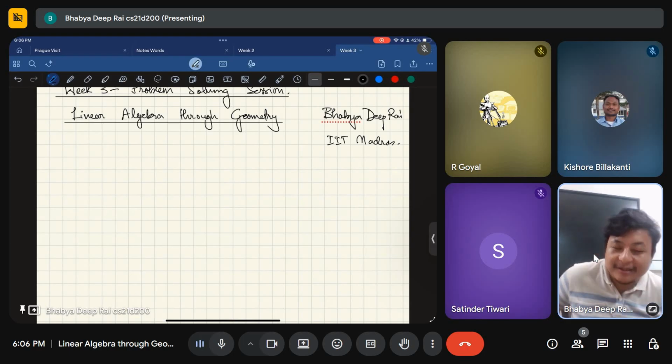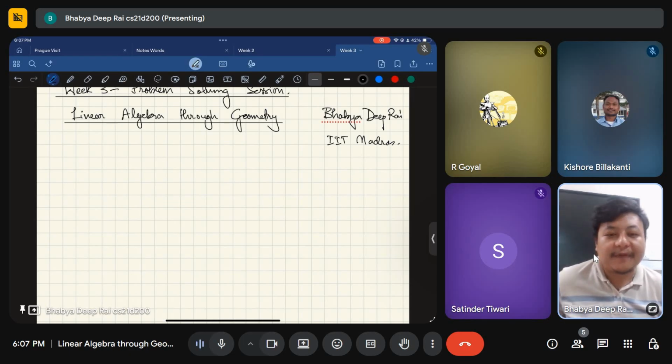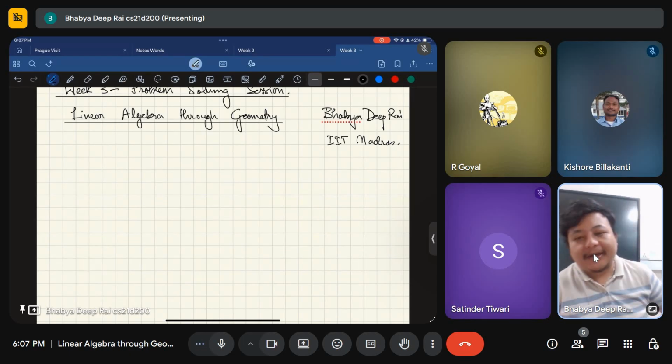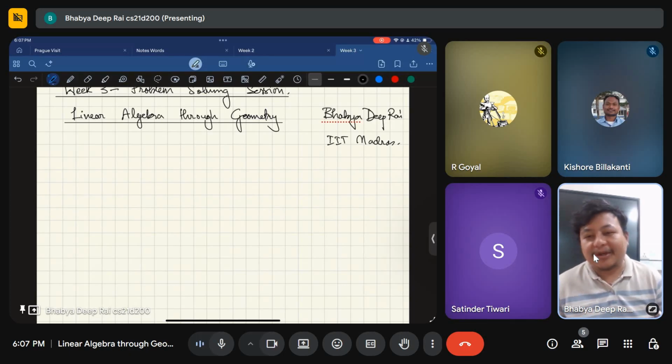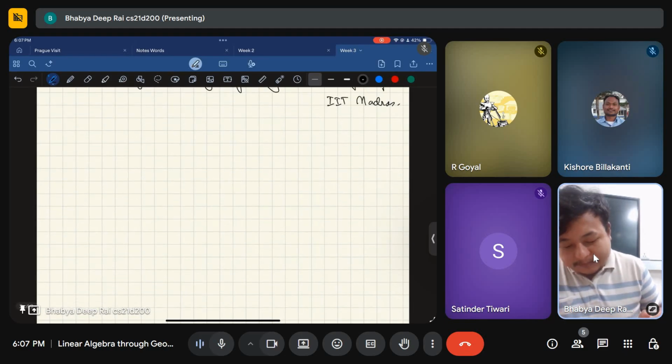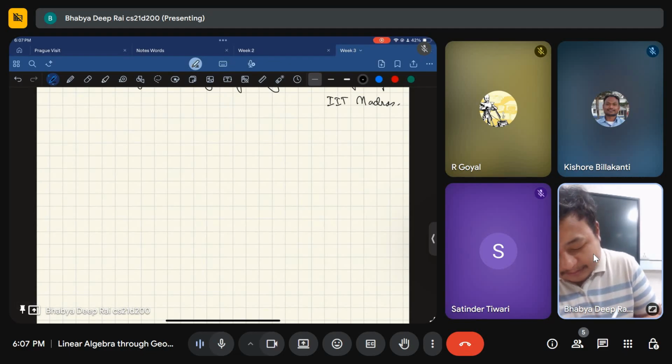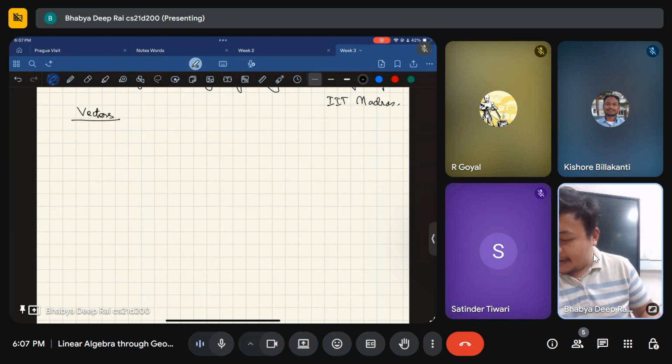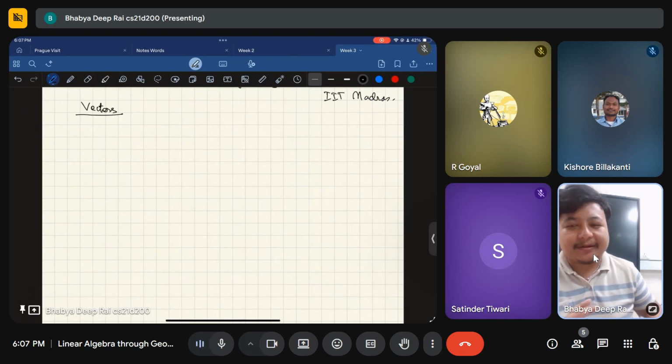So what is this week's content? This week we introduce vectors, and we'll solve some simple questions on vectors. I just want to do a quick recap of what we did in vectors. First, we saw what vectors are, and we saw what the vector norm, or the Euclidean norm, is.